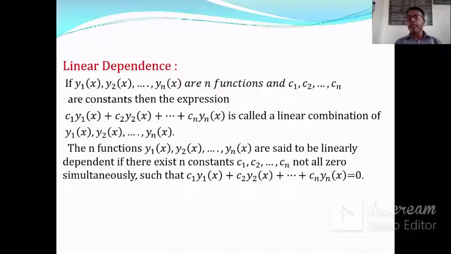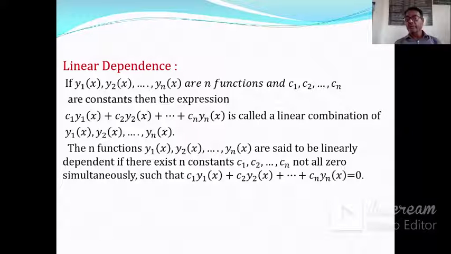To decide whether the given n functions are linearly dependent or independent, how to decide? By the definition. By the definition, we consider the linear combination of these n functions equal to 0, and from that we check these constants c1, c2, ..., cn.